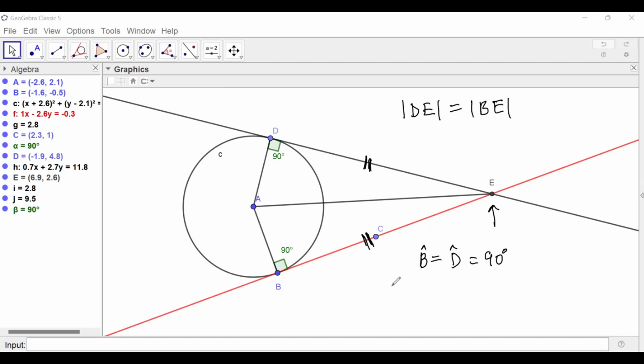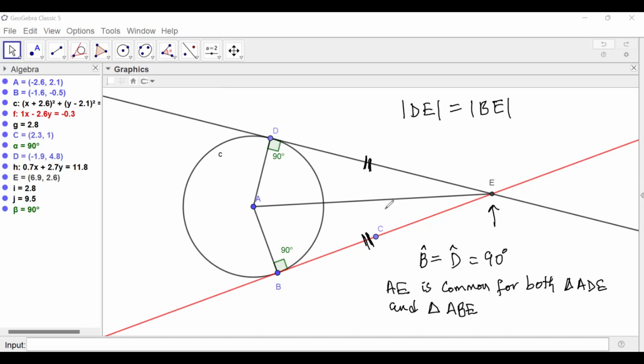So here we say that AE is common for both triangle ADE and triangle ABE.